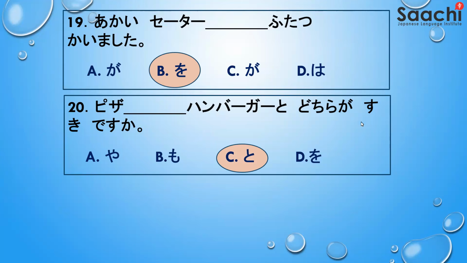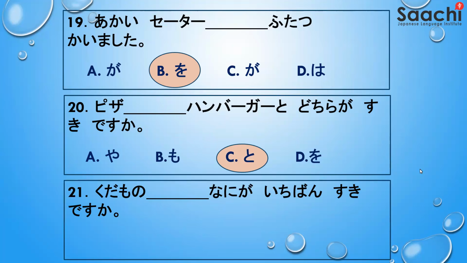Then you use the particle と。果物。何が一番好きですか？で、の、は、か。Answer is 果物で何が一番好きですか？Among fruits. So 果物で、スポーツで、野菜で、you use this grammar.